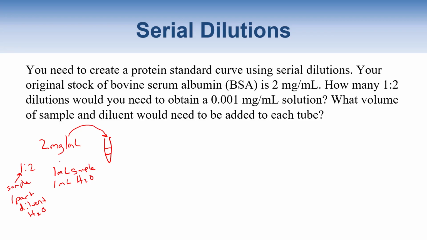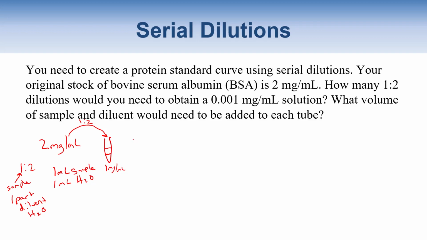When we perform a 1:2 dilution, we're basically taking the sample and cutting it in half, because 1 part is the diluent and the other part is the sample. So in our first 1:2 dilution, our concentration in this tube is now 1 mg per ml because we've cut the 2 in half.